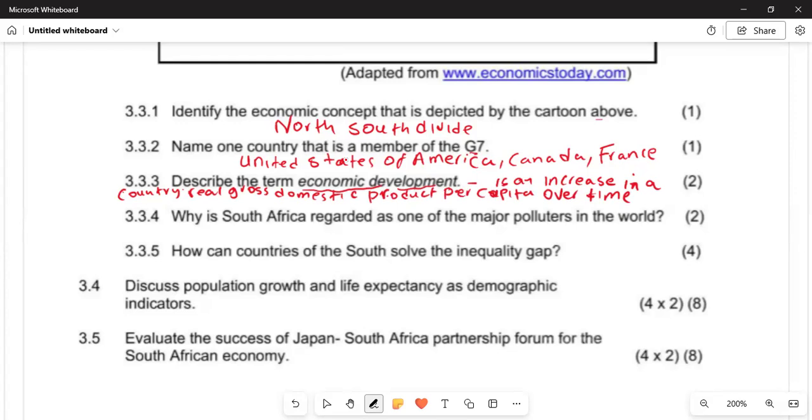Now we move on to 3.3.4. Why is South Africa regarded as one of the major polluters in the world? South Africa is regarded as a major polluter because the country relies on coal for baseline electricity.